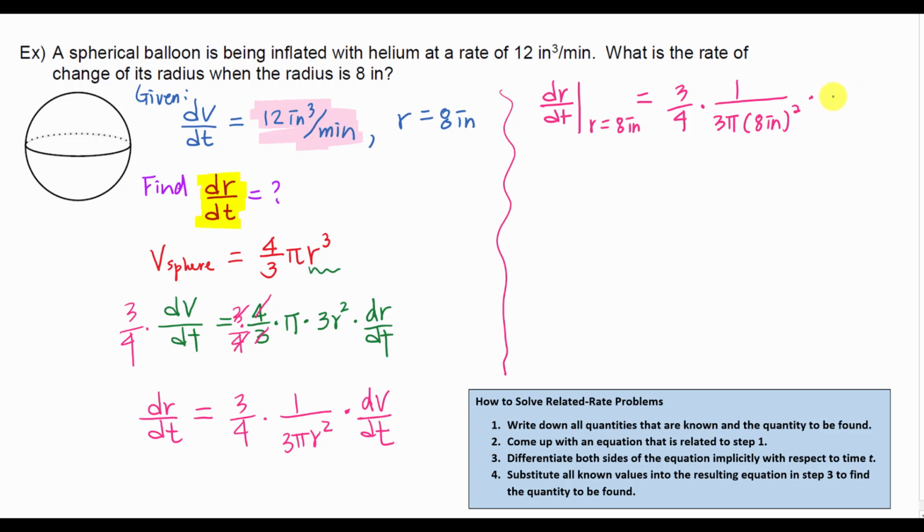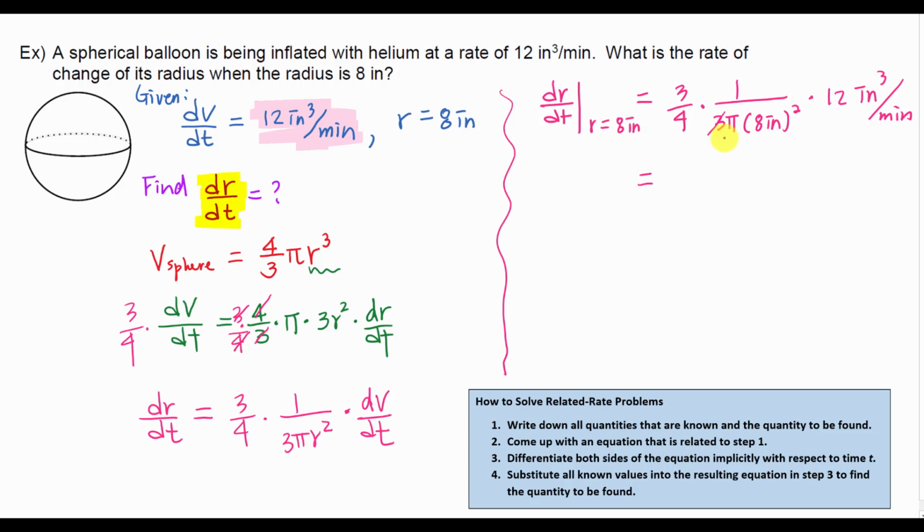Look at the units. You get inches square here, and inches square with the inch cube get canceled. You only get inch left. So you will have inch per minute because it is the rate of change of a radius with respect to time t.